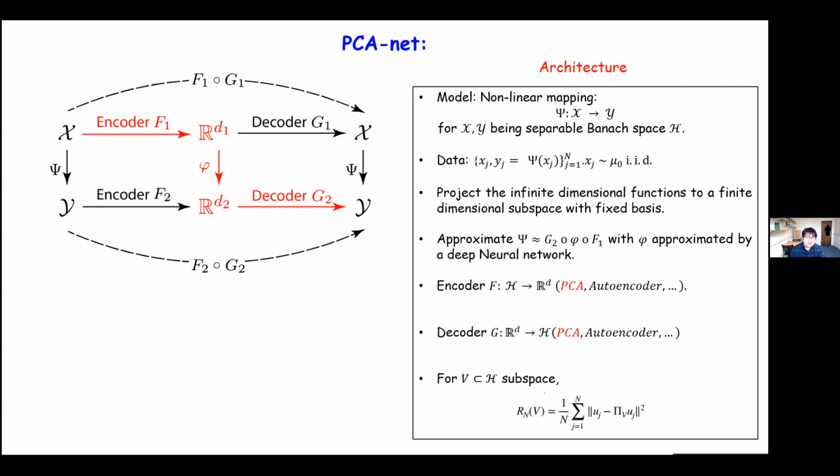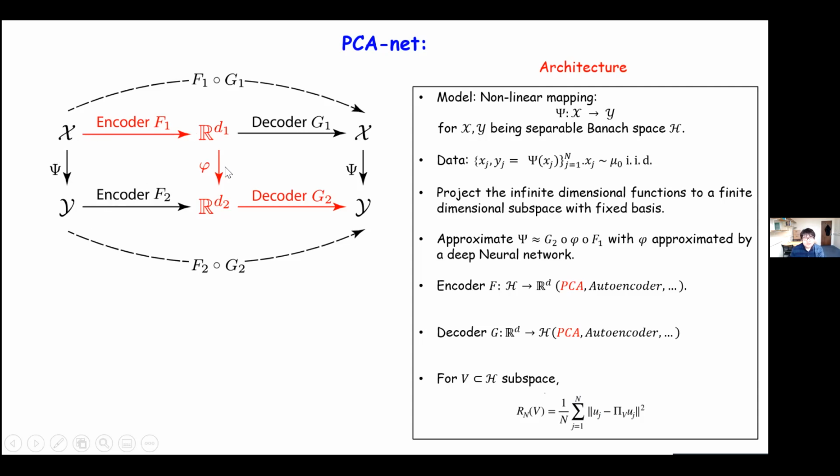Given our input x and output y, we will first project these two functions into reduced dimensional subspaces, R^D1 and R^D2. This D1 and D2 is normally significantly smaller than the discretization of x and y given the data.